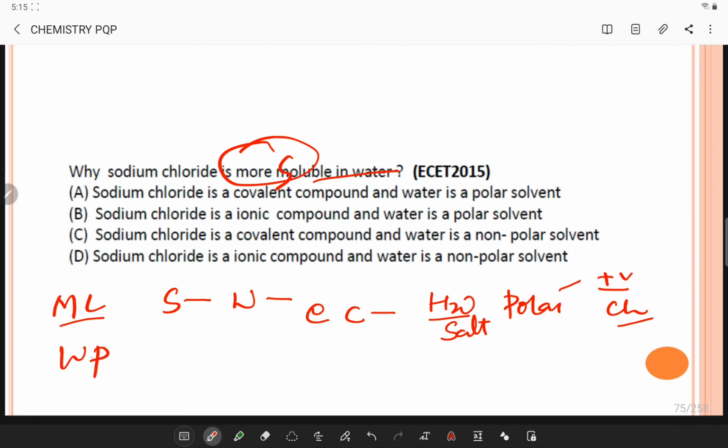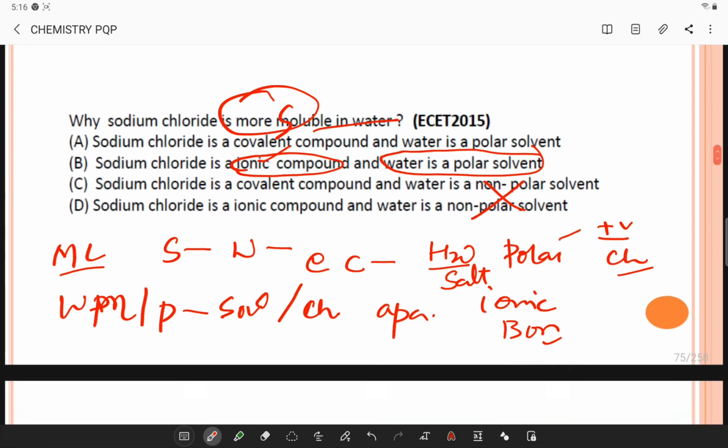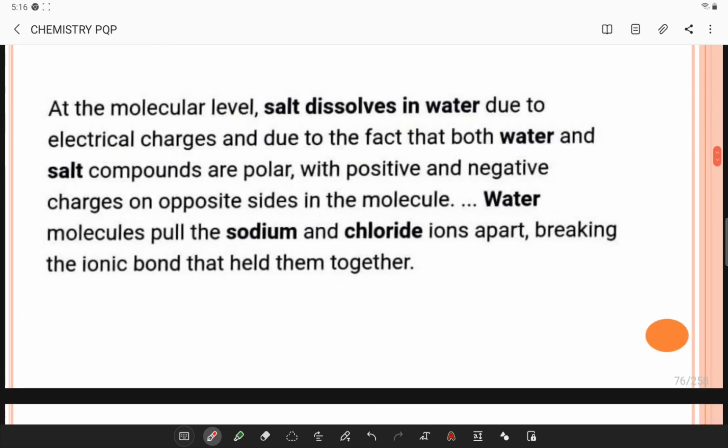Now water molecules pull all the sodium and chloride ions apart, breaking the ionic bond that held them together. So if you see the options, water is a polar solvent, and here sodium chloride has this particular concept, ionic bond. So I have the explanation for this here.